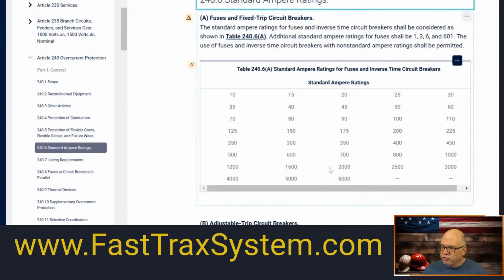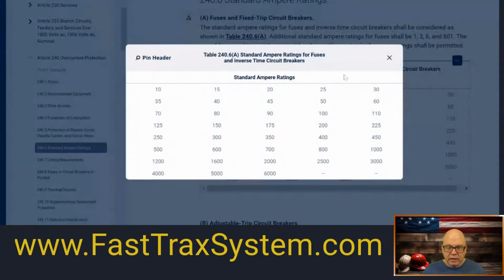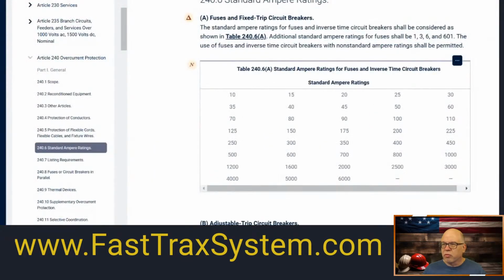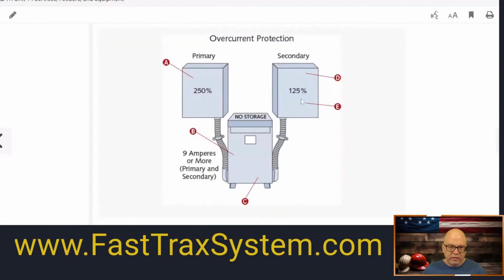Right here. So here are your standard sizes. Okay. And we needed 208. Well, 200. So the maximum would be 225 on this secondary. And if you follow those rules, then everything is okay.